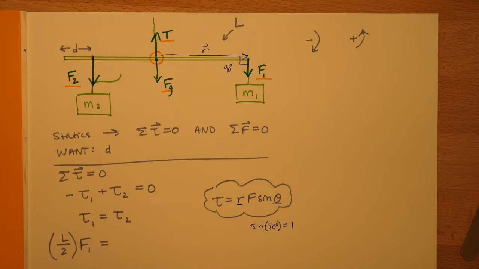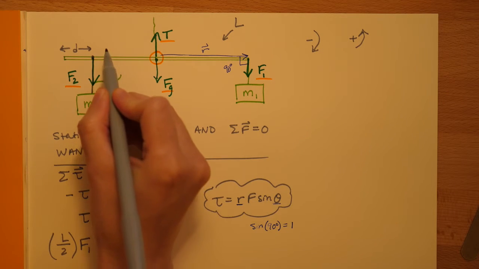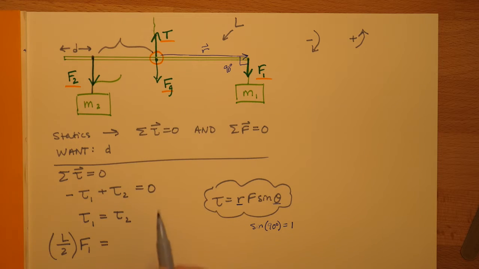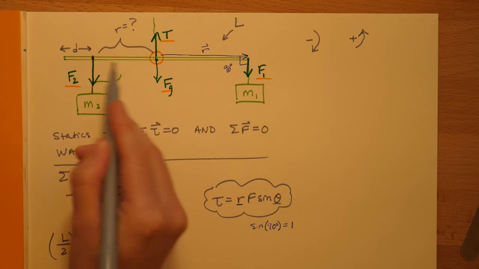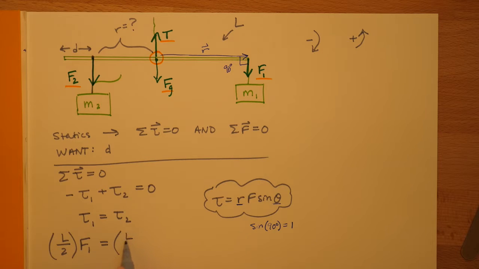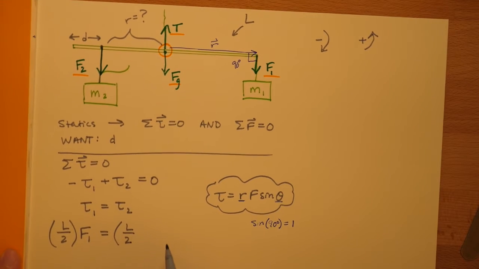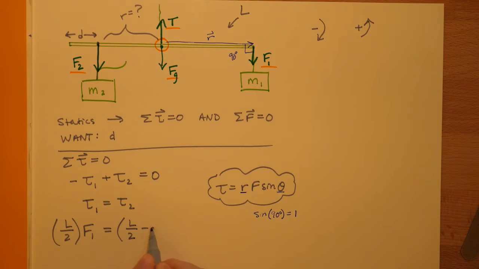Now how about torque 2? Torque 2 is a distance, so we need to know what's this distance right here. What is this r? Well, that's L over 2 minus d. And that force is F2.